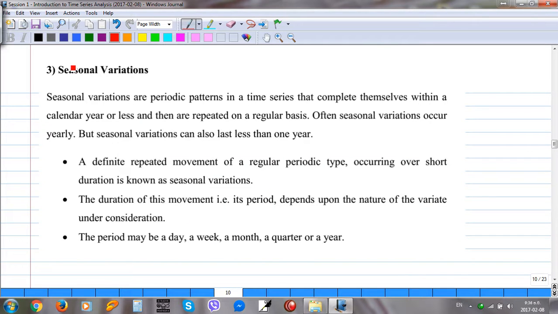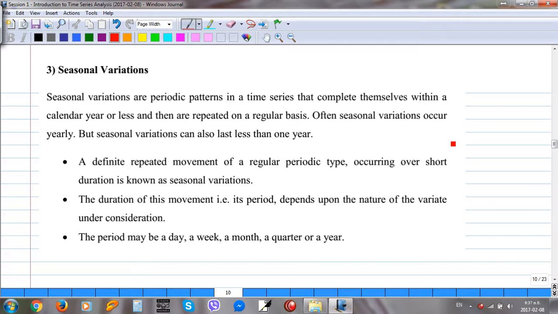And the third one is seasonal variations. Seasonal variations are patterns in a time series that complete themselves within a calendar year or less, and then are repeated on a regular basis.